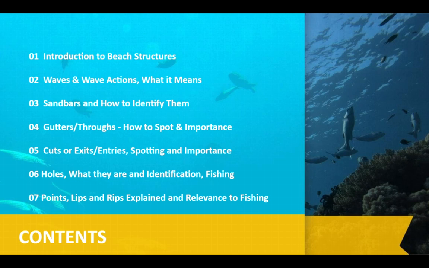Even though it's a barren environment, they'll congregate around something that is different. It's just in their nature. So that's why they're important to focus on, because fish are drawn to features and certain areas. And as we'll go through, some of these features will draw more in, and they'll draw more in for certain reasons. So that's why they're so important.